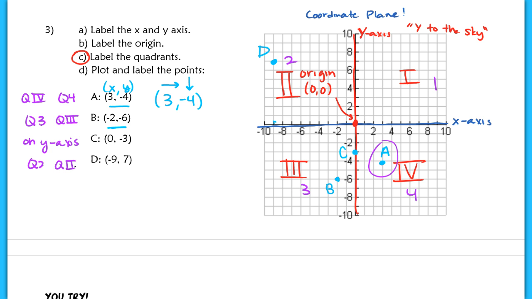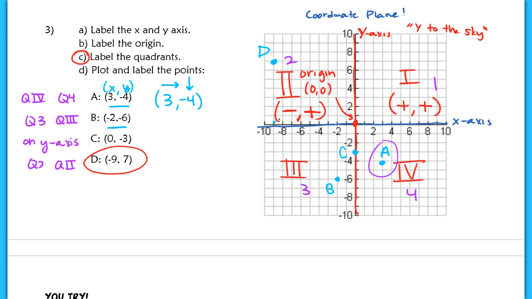Now I want to take a look at the signs of the coordinates. In quadrant 1, both the x and y values are positive. In quadrant 2, like point D, the x value will always be negative and the y value will always be positive.